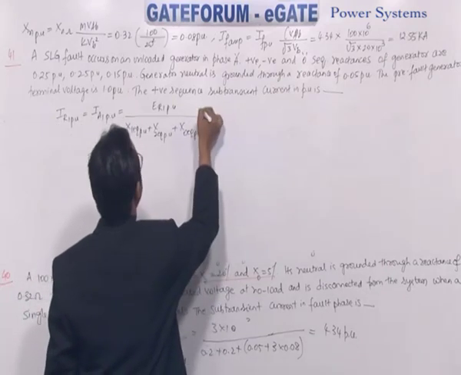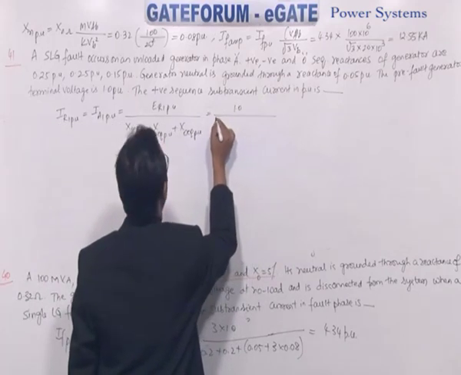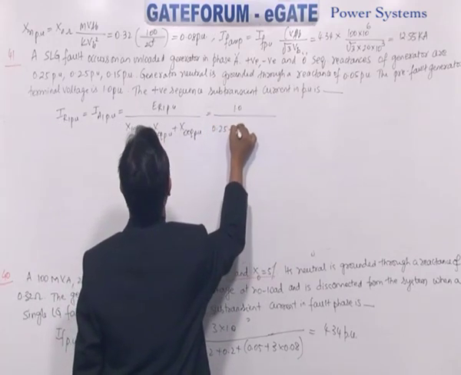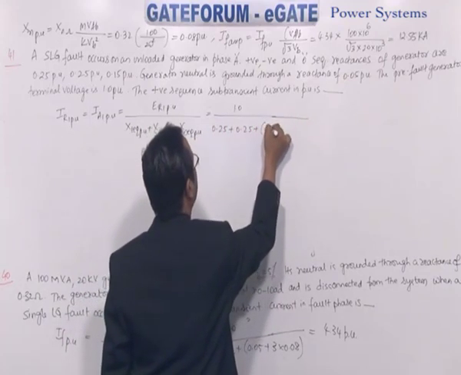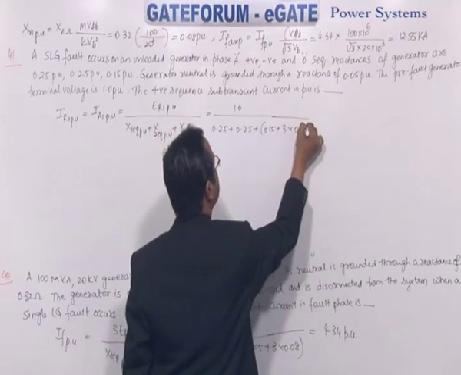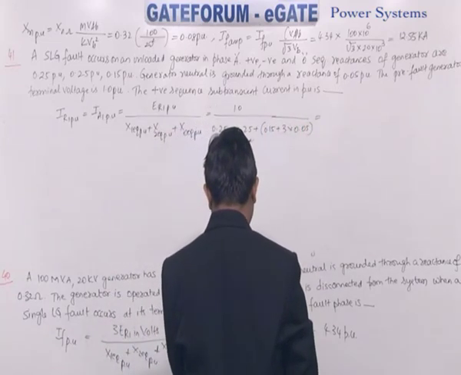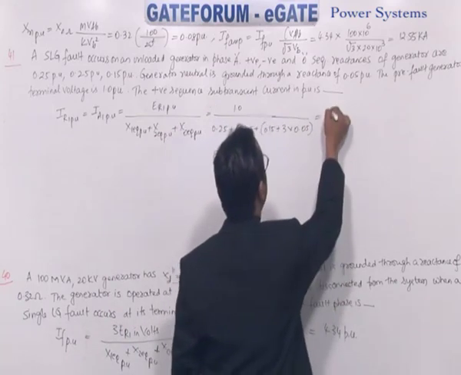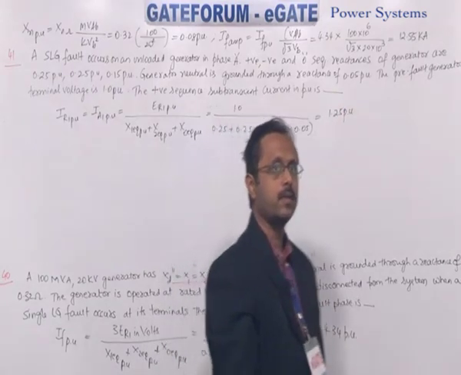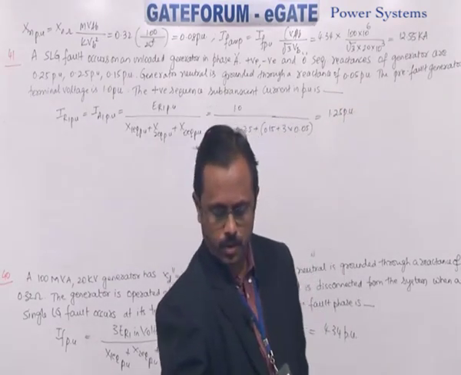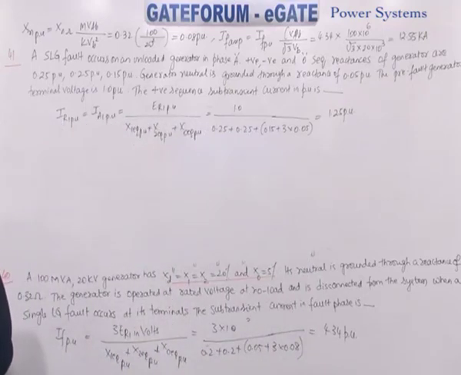Substituting the values, ER1 is by default 1 per unit. X1 is 0.25, X2 is 0.25, X0 is 0.15 plus 3Xn. We calculate this and you get 1.25 per unit. So the answer for this question is 1.25 per unit here.